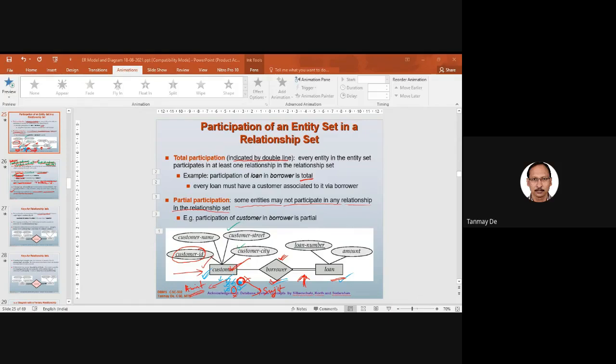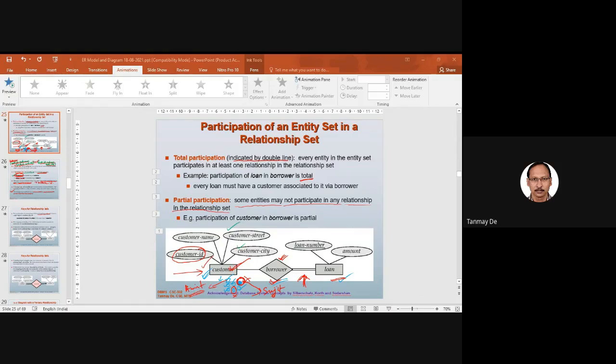So the combination of customer ID and loan number forms the super key of the borrower relationship set. That means this combination uniquely identifies each relationship from the relationship set borrower.